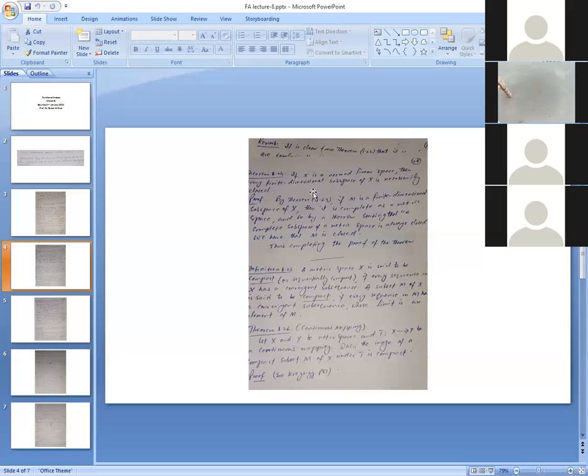Why? Because we just proved a result that every finite dimensional subspace is complete. Here your M is a finite dimensional subspace of X, so it will also be complete by the previous result.